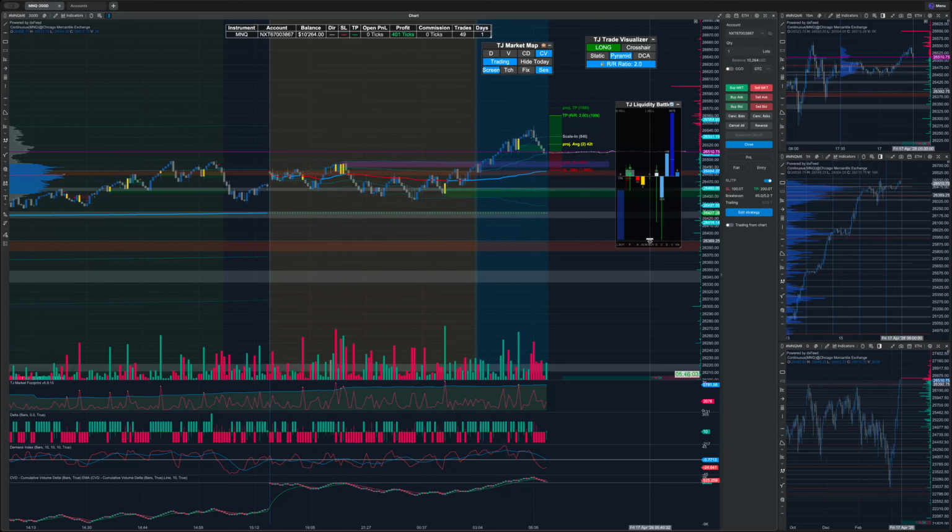You see here the market buyers are coming in and pushing the price up. That's my liquidity battle indicator. Now market sell orders are coming, but as you could see, they were not able to push the market down. So there were limit buy orders holding that.